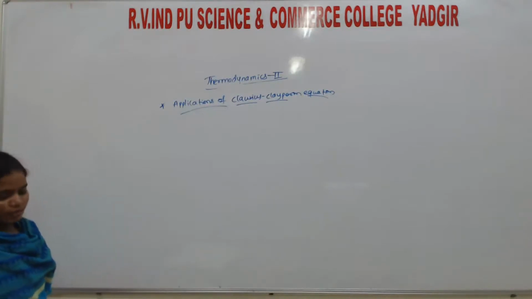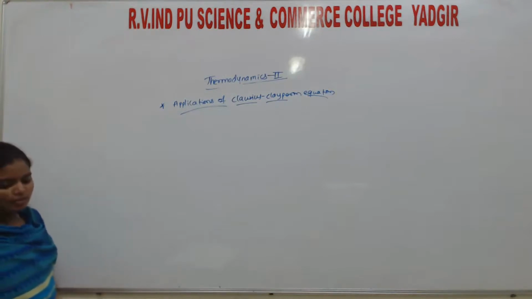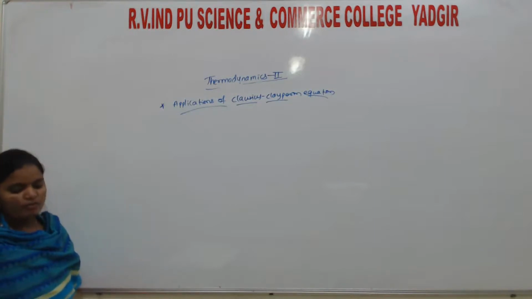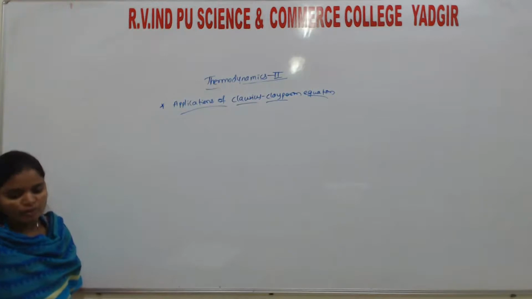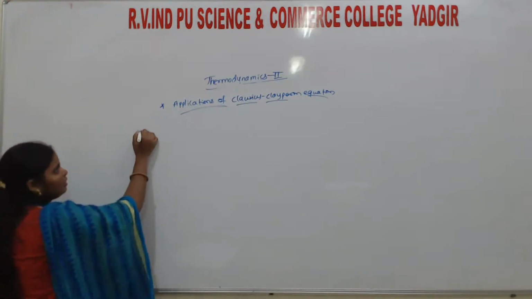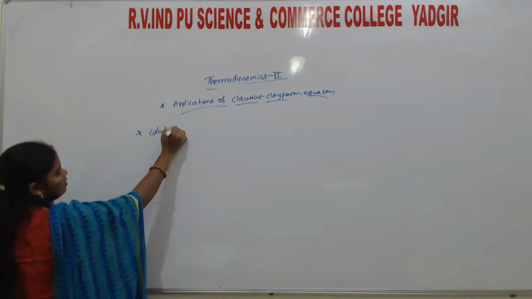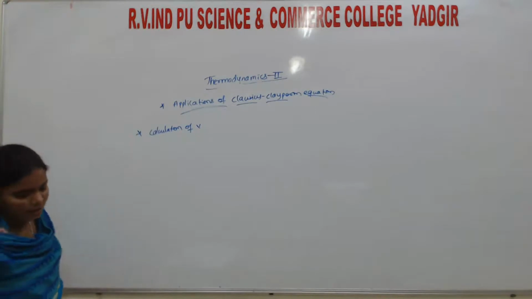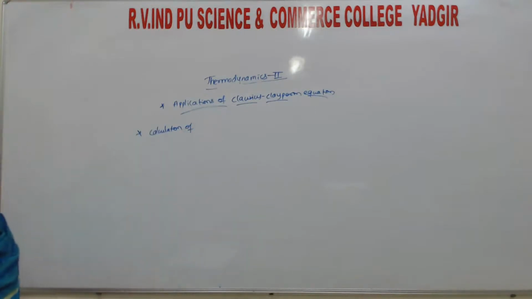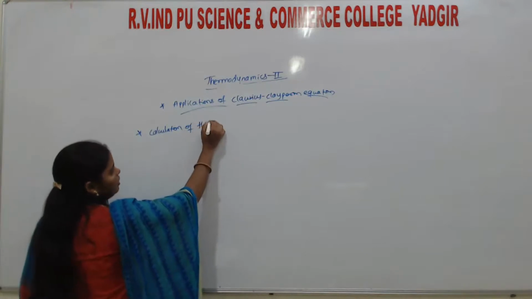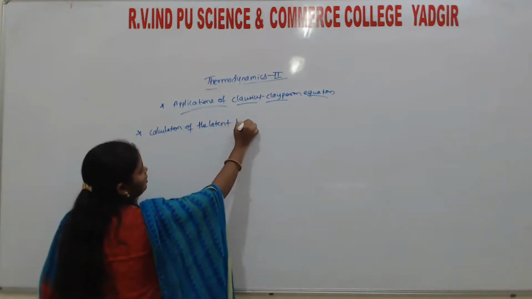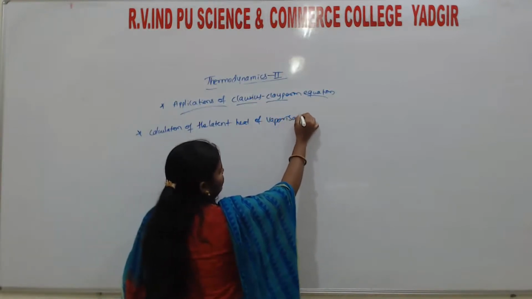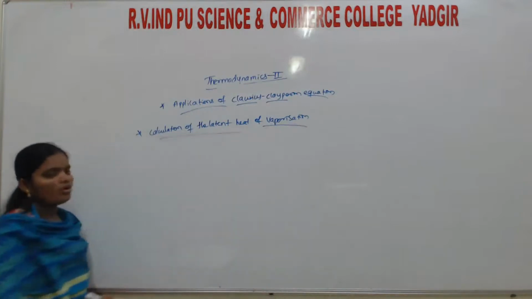Here, the first one is the calculation of latent heat of vaporization by knowing the values of vapor pressure of a liquid at 2 temperatures. Calculation of latent heat of vaporization. This is the first one.